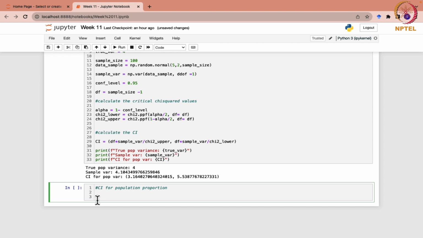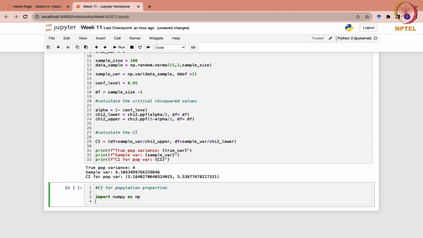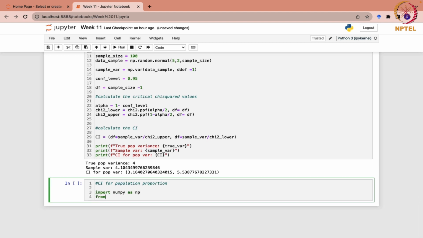So again we will be importing different libraries: first of all, import numpy as np, and from scipy.stats import norm.